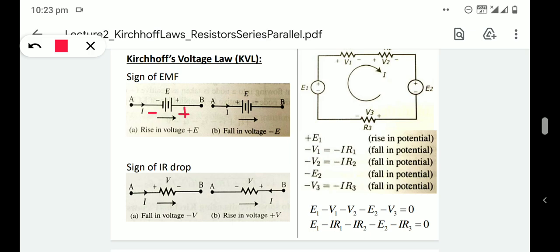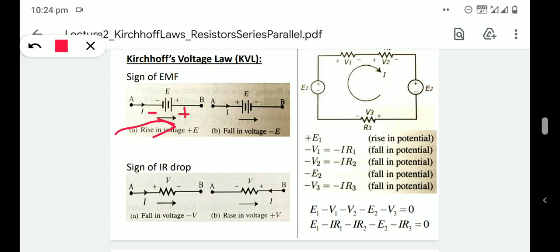Okay, so if we are analyzing like this, that is, if we are moving around this closed path in this direction, moving from the negative terminal to the positive terminal of a battery, there will be a rise in voltage.